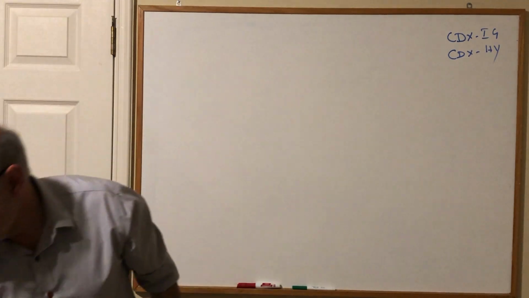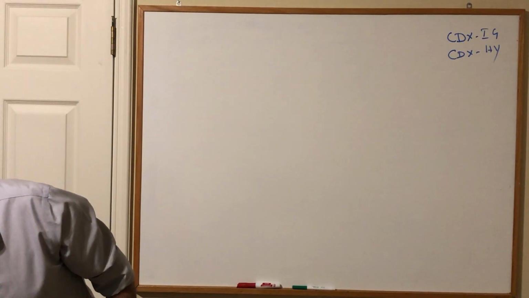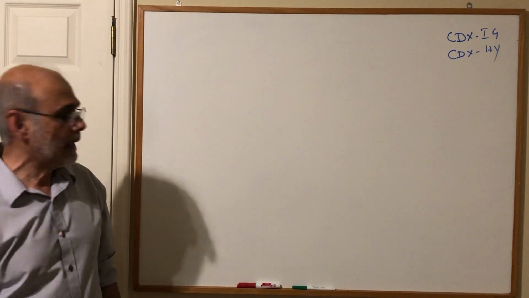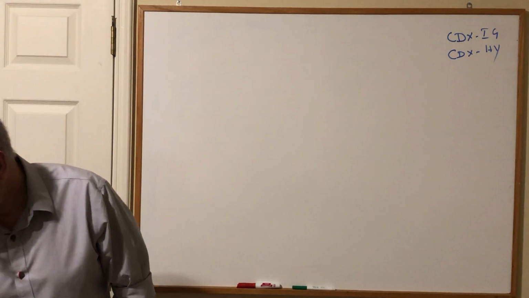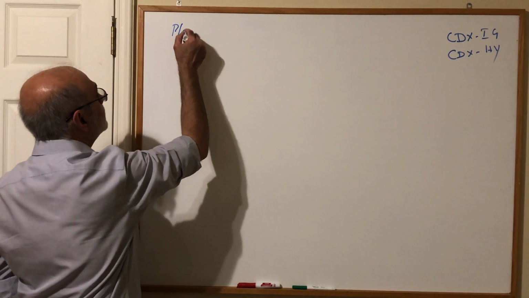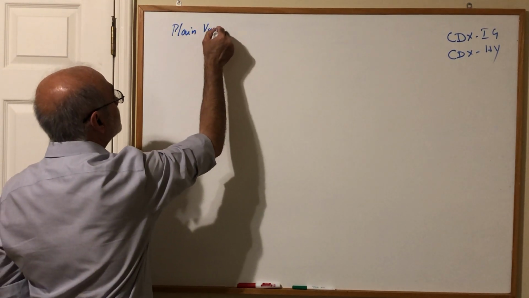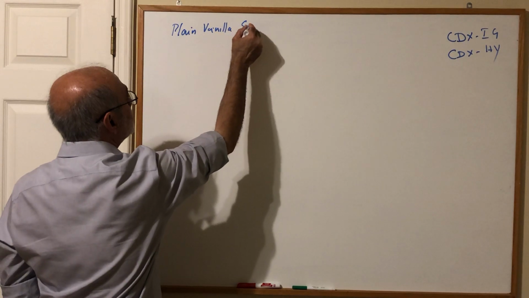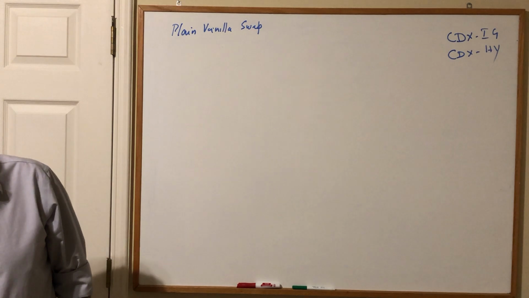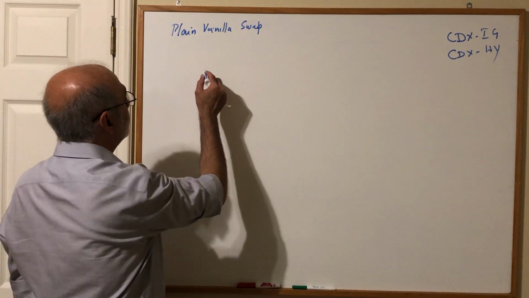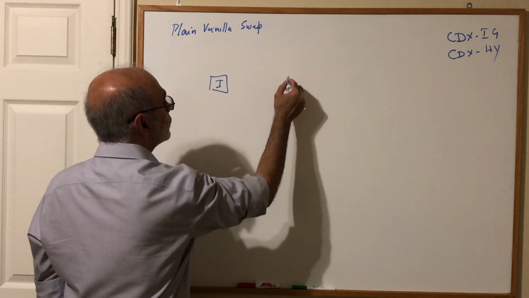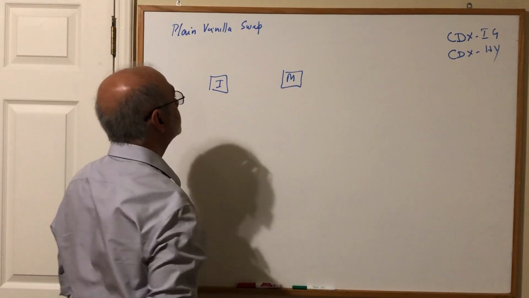Okay, so the example I want you to look at is on page 153, figure 7.1. So we have a swap, this is the plain vanilla swap, and this is between Microsoft and Intel. We have Intel over here, we have Microsoft over here, right?